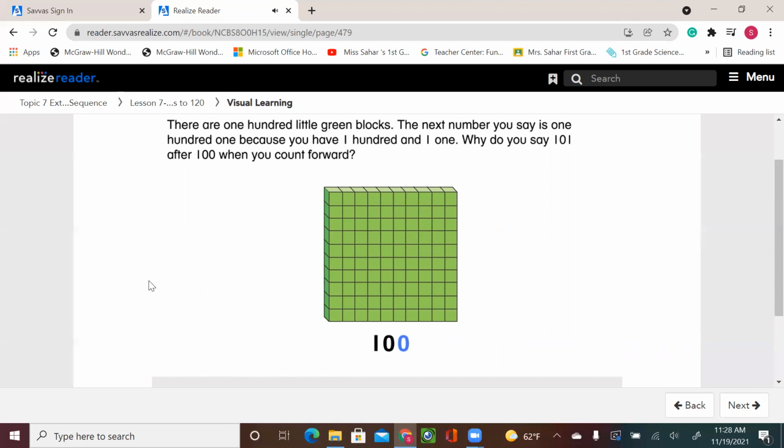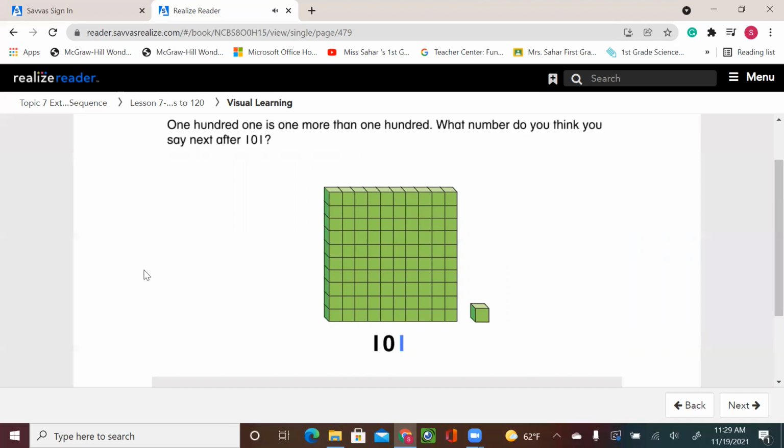The next number you say is 101 because you have 100 and 1. Why do you say 101 after 100 when you count forward? 101 is one more than 100. What number do you think you say next after 101?